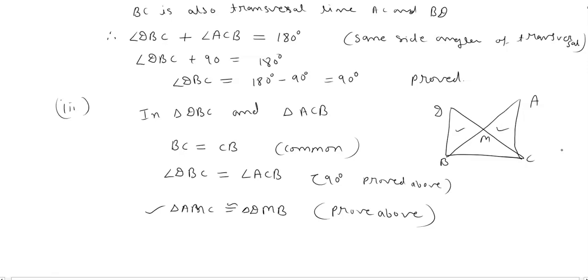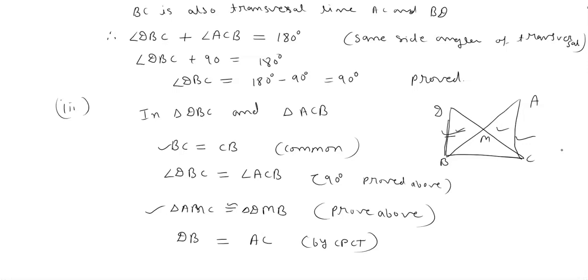So by CPCT, side DB is equal to side AC. Now, side, angle, side.